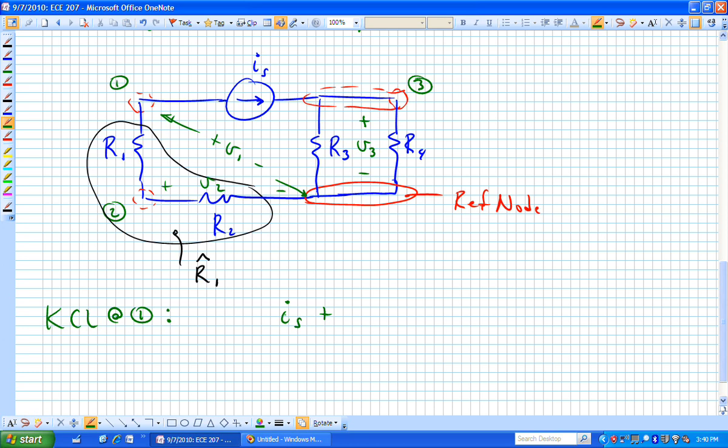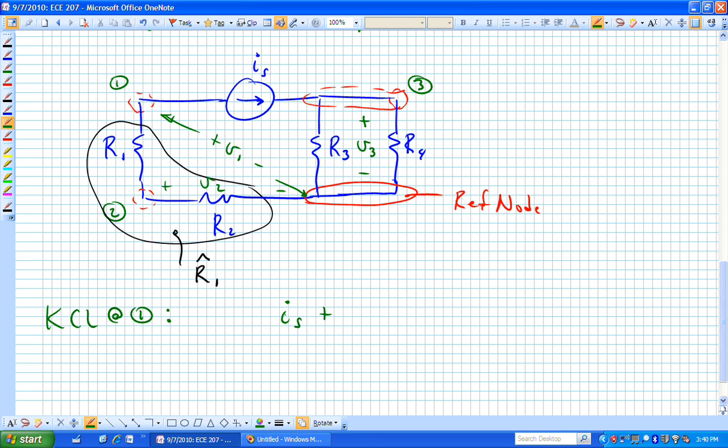I'm confused. Are we working this example as if R1 and R2, like combining them, or keeping them separate? Good question, now that I made it difficult by identifying that R sub 1 hat. Forget the R sub 1 hat. It doesn't exist right now for the analysis. So I'm just assuming that R sub 1 hat I have not found.